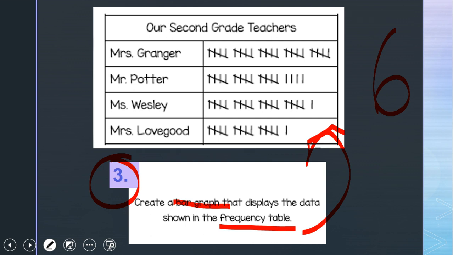You need a title, you need labels, you need a scale, you need your bars, you need to have your choices. So remember that you need to have all of those things in your bar graph. Does it matter if you do a vertical or horizontal? No. You can do whatever one you prefer. Choose your favorite. Or you can choose my favorite.